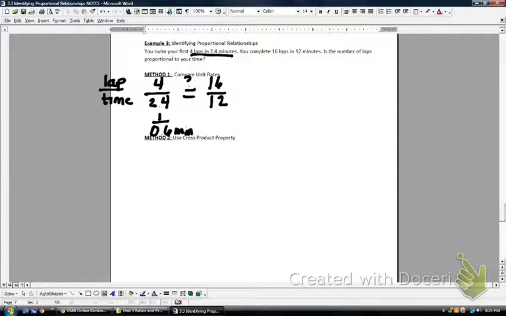And then 16 laps to 12 minutes simplifies to 1 lap every 0.75 minutes. So when I look at these, my ratios are not equal. So it is not proportional.